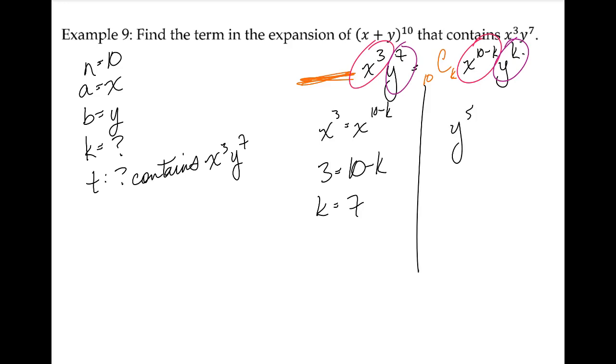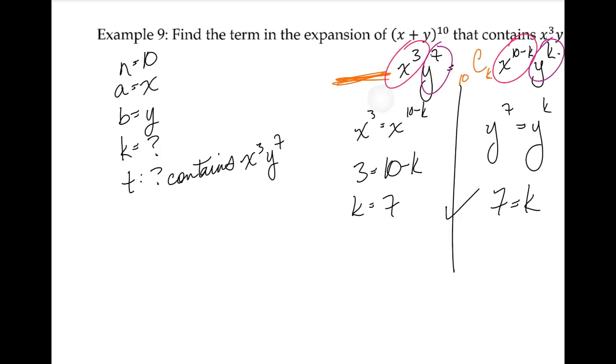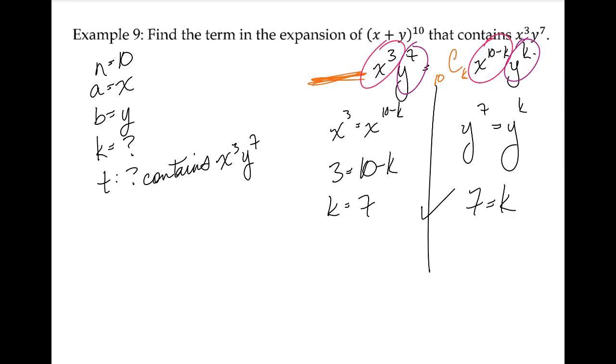So y to the power of 7 equals y to the power of k. So k has to equal 7. Because these both match, I can feel very confident in my answer that k is 7, which means that I'm looking at term 8, and I'm going to plug in this value for k.